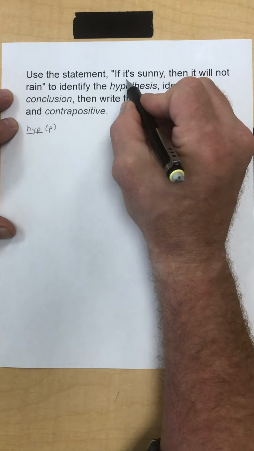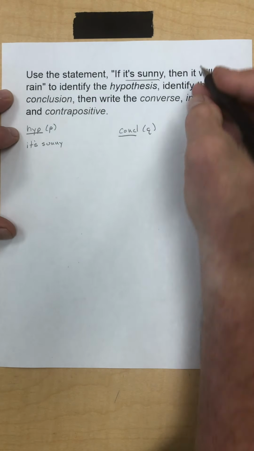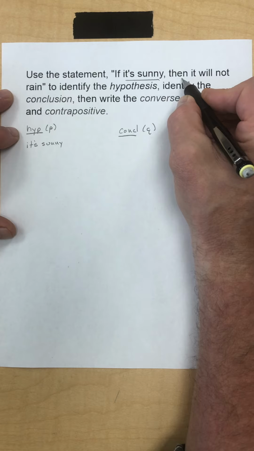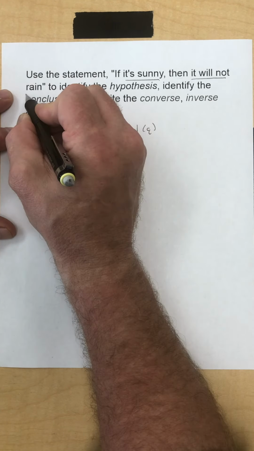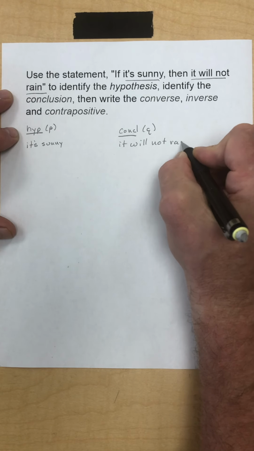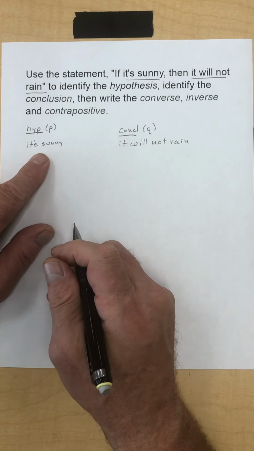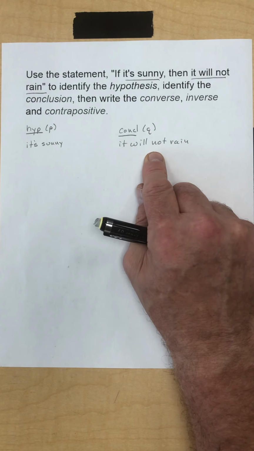So if it's sunny, that's our hypothesis: it's sunny. Remember, you don't include the word if in there. The word then tells us where our conclusion is: it will not rain. So if it's sunny is our hypothesis, then it will not rain is our conclusion.